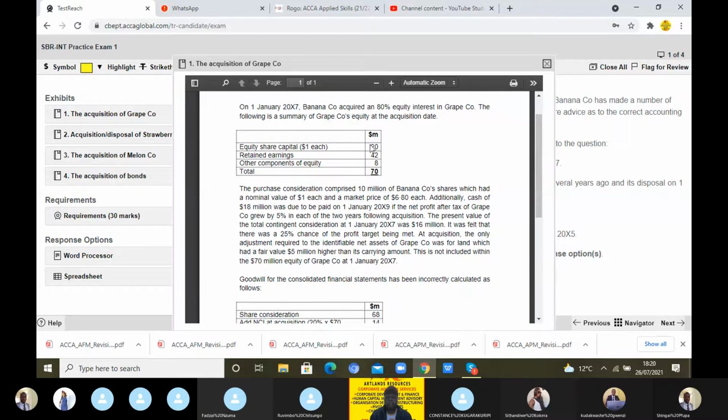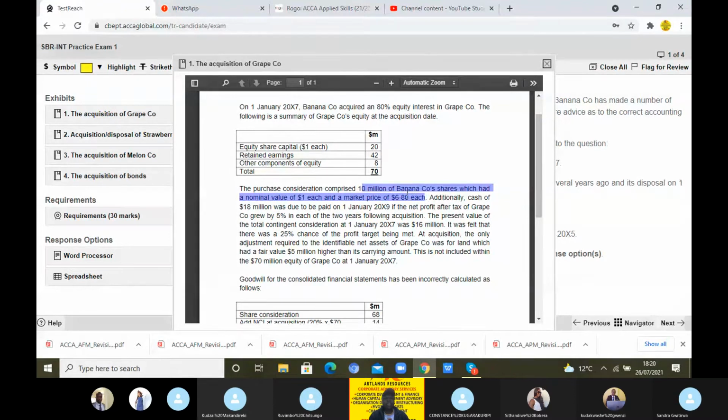So this is Grape, the company we acquired. Remember, we acquired 80%, and this is the equity. It was 70 million. The purchase consideration comprised 10 million shares in Banana, which had a market price of 6.80. So we acquired this by share exchange. We gave them our 10 million shares, which had a market price of $6.80 each.